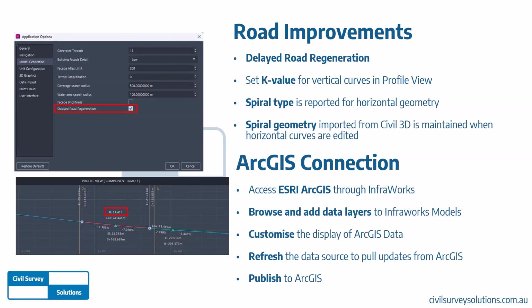You're able to customize those to make them display the way that you want to, changing the colors and such. And with the data sources panel, you can just click the refresh button and it's actually going to go back to ArcGIS and pull the latest update through so that your model will always be up to date. And lastly, you can actually publish to ArcGIS.